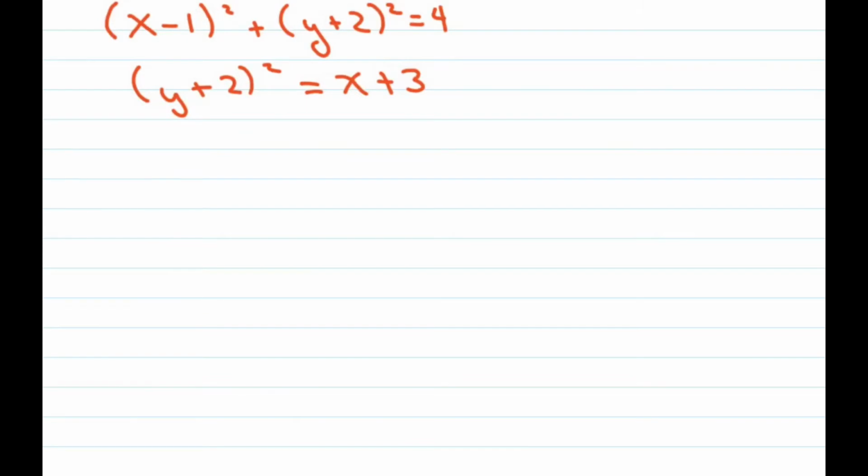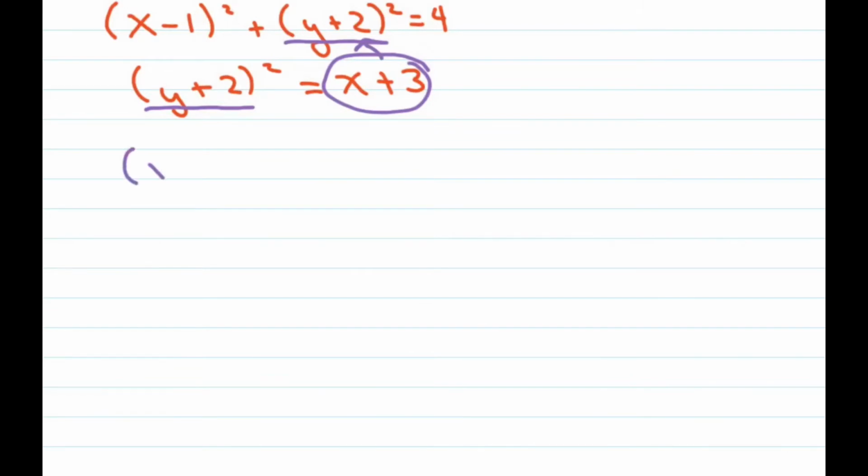We're first going to use our algebra, and notice that y plus 2 squared is right here. So I'm going to plug this into that because they're equal. I'm going to use substitution.